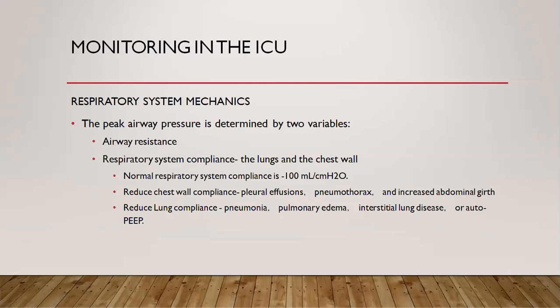In cases of reduced chest wall compliance, such as in pleural effusion, pneumothorax, or increased abdominal girth. For reduced lung compliance, of course, these are the diseases that involve the lung itself, such as pneumonia, pulmonary edema, interstitial lung disease, or those conditions with auto-PEEP.